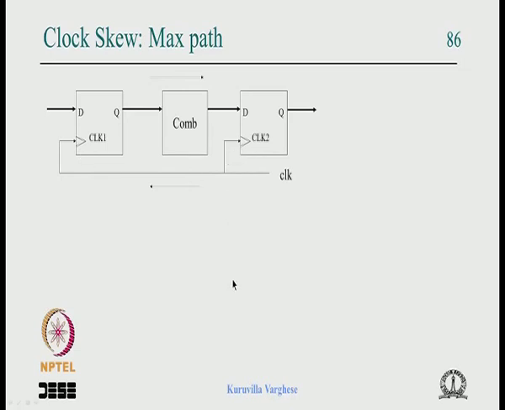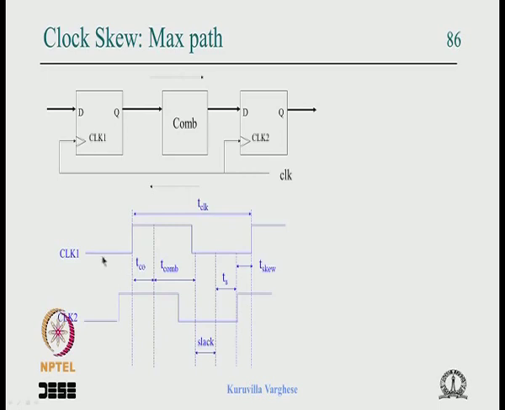So you have clock 2 reaching here, and clock 1 is a delayed version of clock 2, and that delay is called skew. For whatever reason there could be wiring delay, buffer delay and so on in the clock. So there is a skew between clock 1 and clock 2, and mind you, clock 1 is a delayed version of clock 2, so clock 1 comes later.